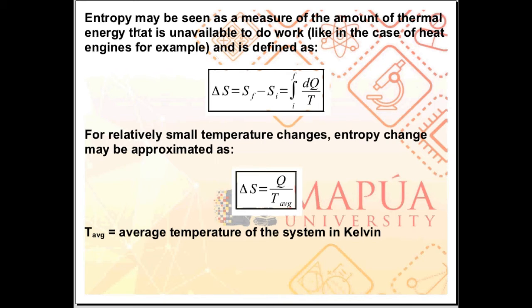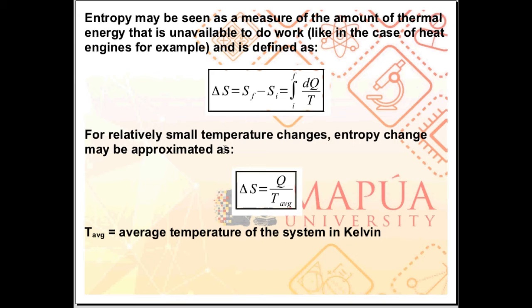In this case, entropy is defined as delta S. The change in entropy is equal to S final minus S initial, which is equal to the integral of dQ over T, dQ over temperature, as you integrate from initial state to final state.